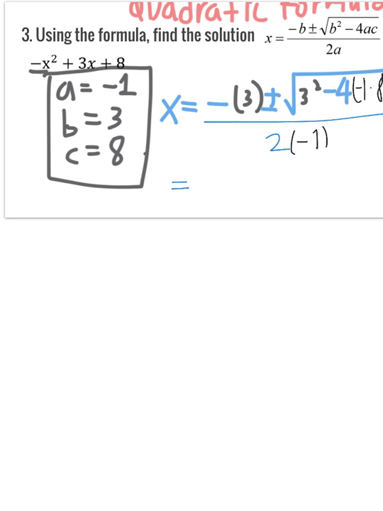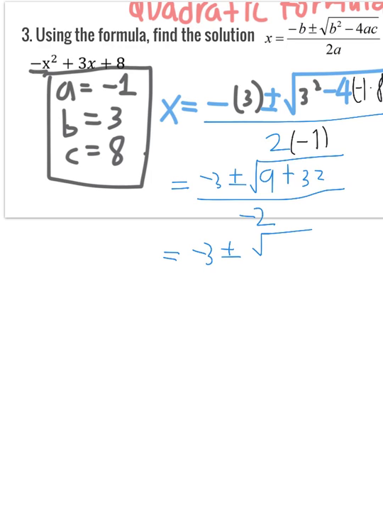Let's do this. So negative 3 plus minus the square root of 3 squared, which is 9. Negative 4 times negative 1 is positive 4, times 8 gives us 32, all over 2 times negative 1, which is negative 2. This gives us negative 3 plus minus, we're just going to simplify, 9 plus 32 is 41, over negative 2.